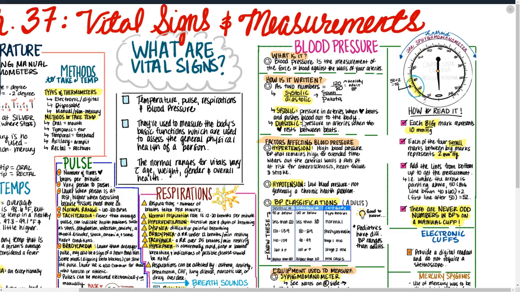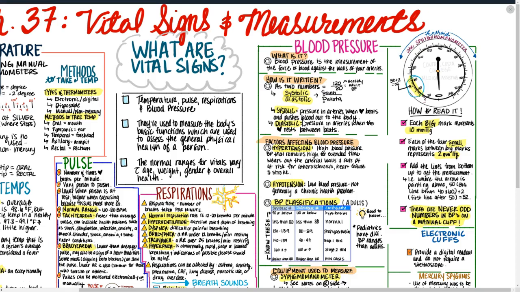When your heart beats, it's pushing blood out of the left ventricle, taking all the oxygenated blood and delivering it out to the tissues, oxygenating them, and then picking up the deoxygenated blood. There's a whole capillary exchange that happens, and then the deoxygenated blood comes back through the right side of the heart.